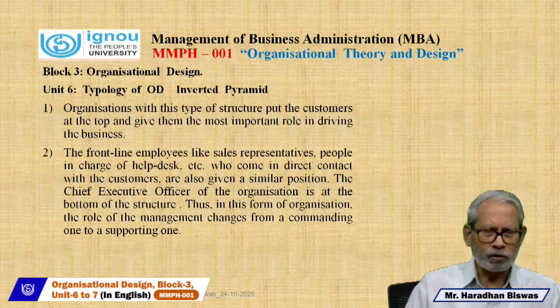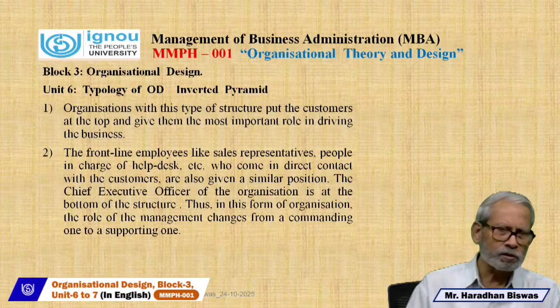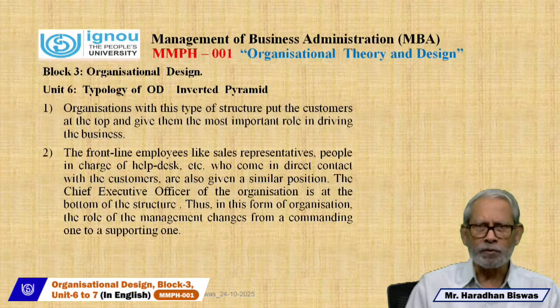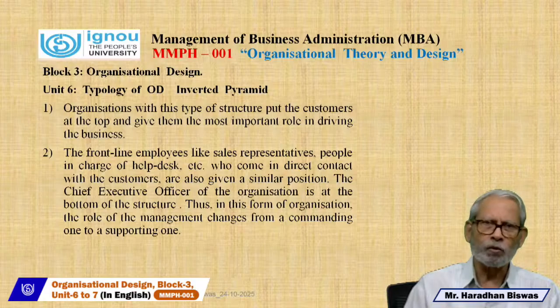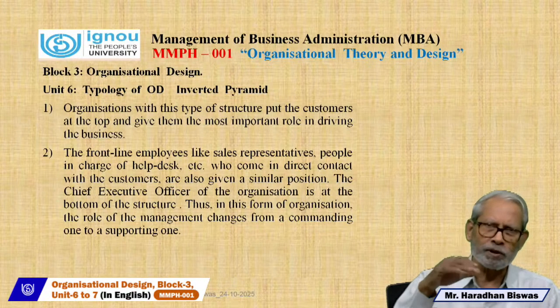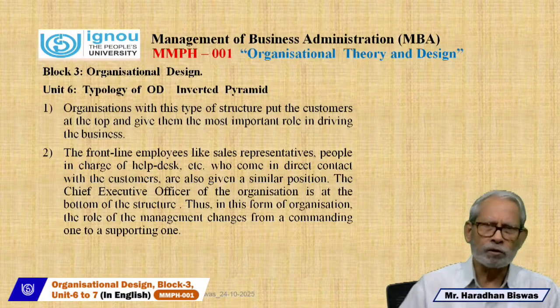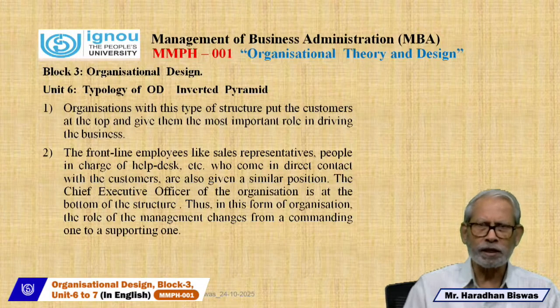So organizations with this type of structure put the customers on top. Suppose an inverted pyramid is basically where the vertex is below, I mean the controlling officers are below, and the top level is the base level, that is, the frontliners who directly interact with the customers. So customer officers are there.